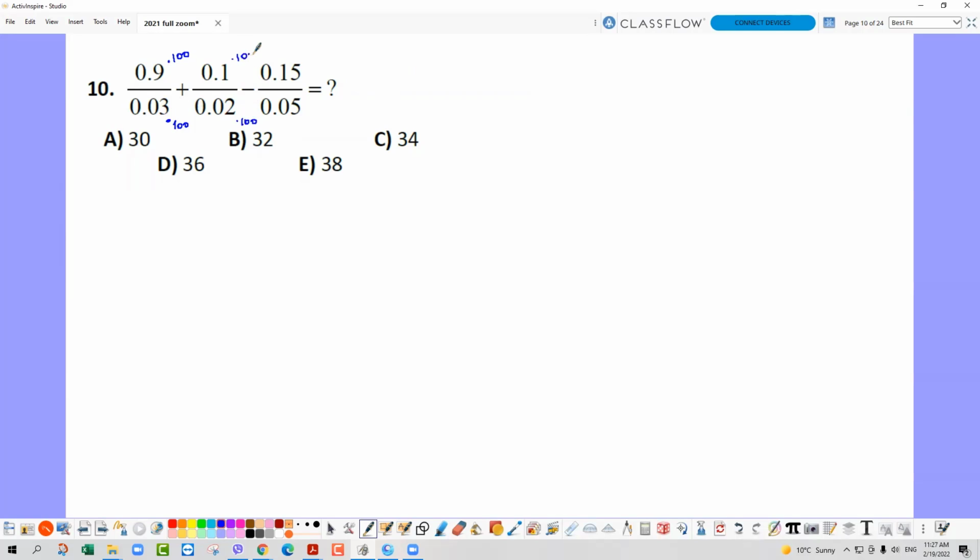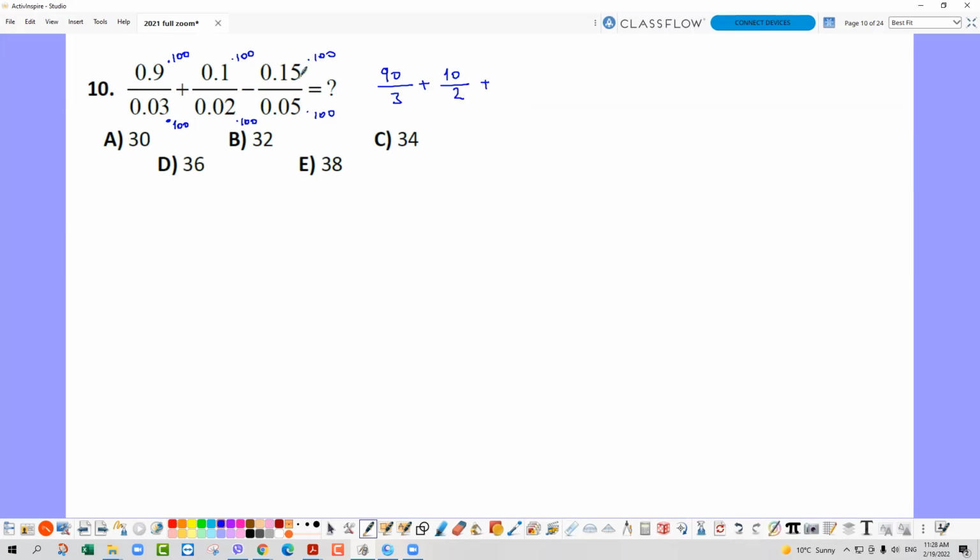This one by 100, and this one by 100, and this one by 100 again. So if I multiply all of them by 100, then 0.9 times 100 is equal to 90. 0.03 times 100 is equal to 3. 0.1 times 100 is equal to 10. 0.02 times 100 is equal to 2.